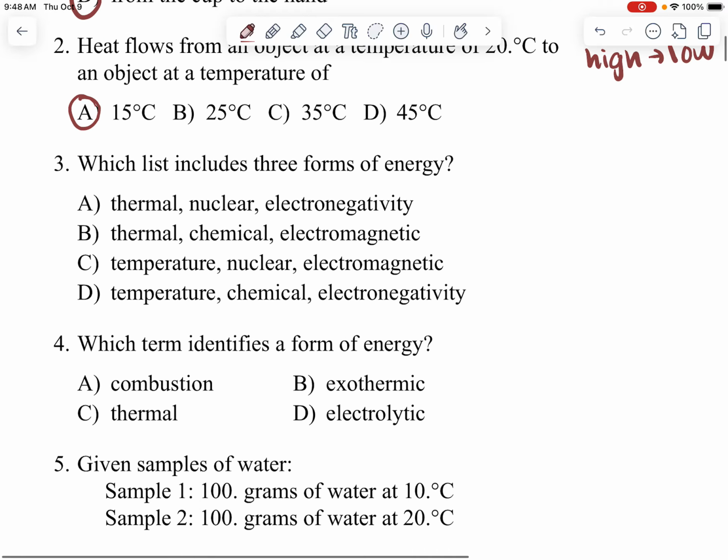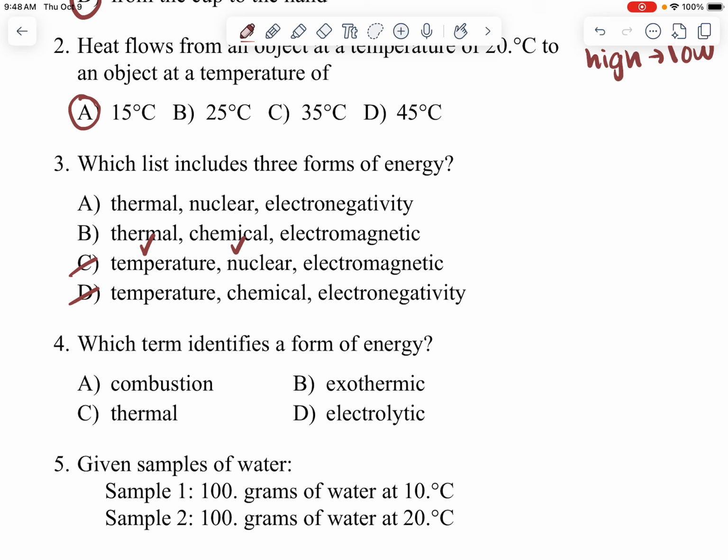Okay. For the 3 forms of energy, this was how we started the unit, the first few slides, right? Unfortunately, you need to know them. So first off, temperature. Temperature is a measure of average kinetic energy. Temperature is not a form of energy, so it's definitely not C or D. We talked about how heat is thermal energy.